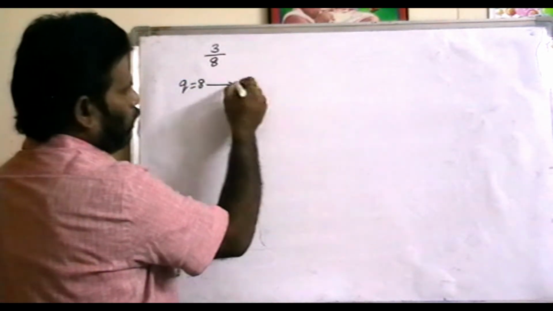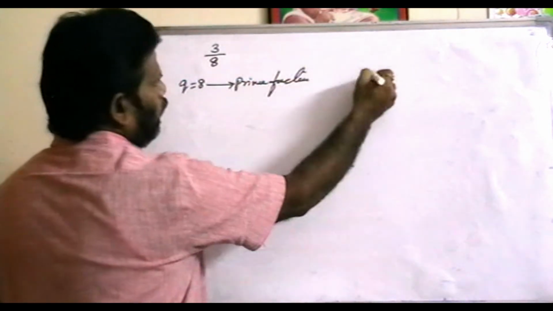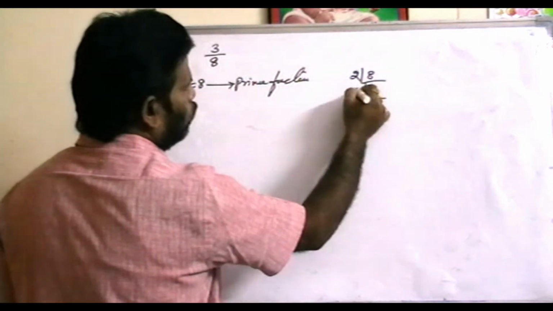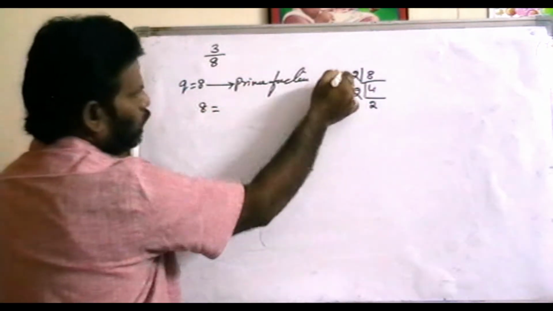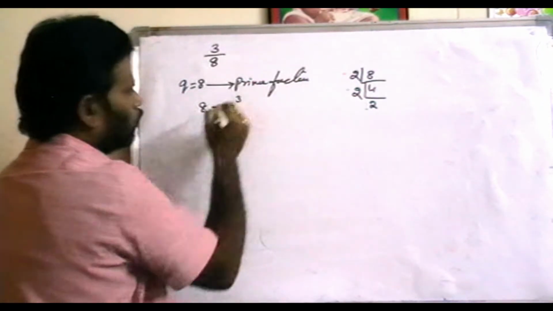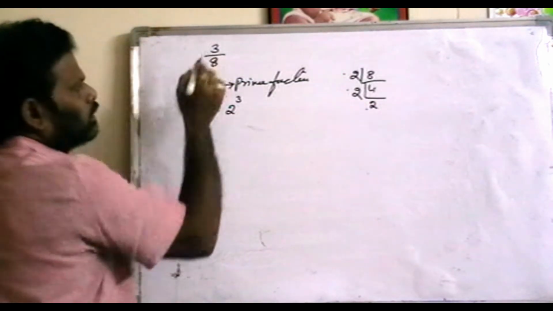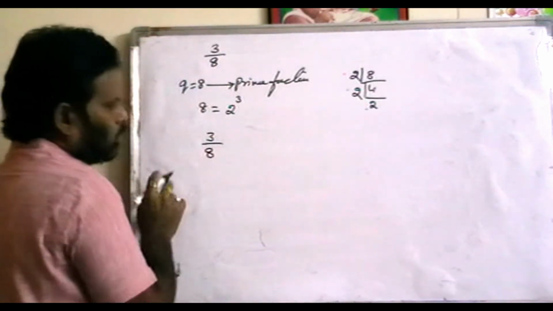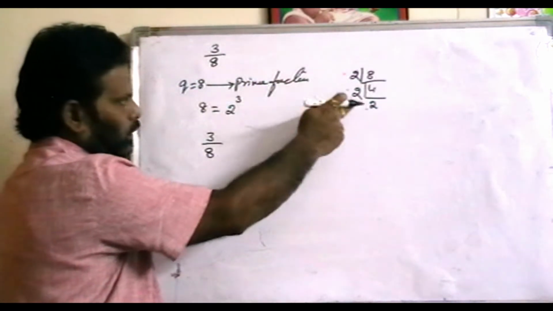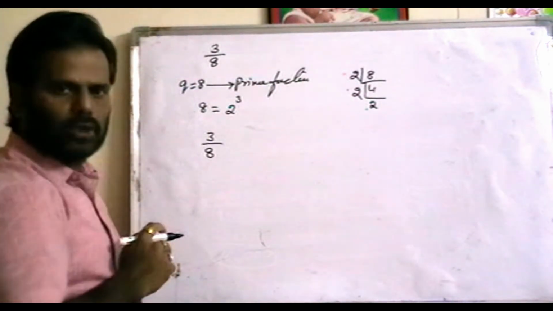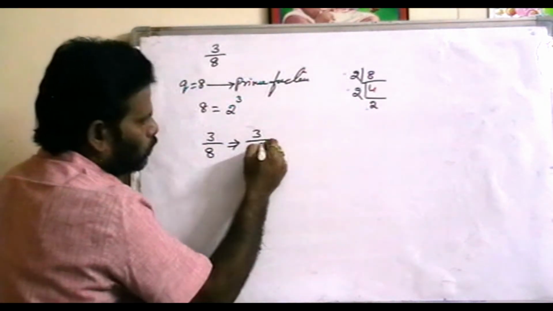Change 8 into prime factors: 8 is equal to 2 into 2 into 2, only 2 power 3, 2 cube, right? So we can write 3 by 8 as 3 by 2 cube.